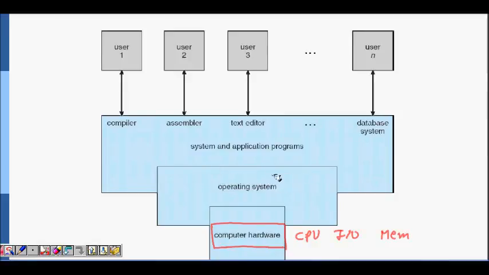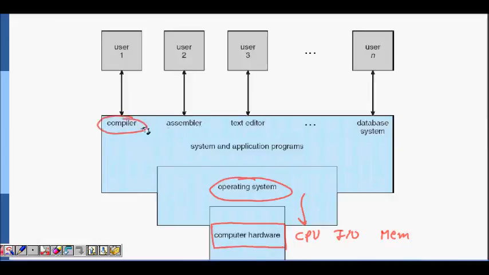It's kind of an interface that tells which user will use the CPU, which user will use the input output device, who will use the memory, and when, so that all of them are using it efficiently as well as fairly. This is the work of the operating system. Then you have the system applications and programs which are running, and then you have the compiler.